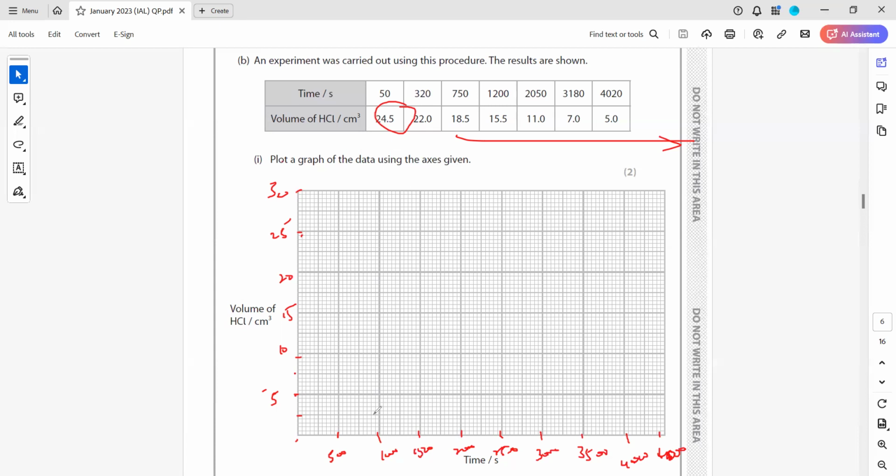Then 320, and this will be about 6 boxes, and then 22, 21, and 22. About 320 here. So the shape of the graph is somewhat like this.